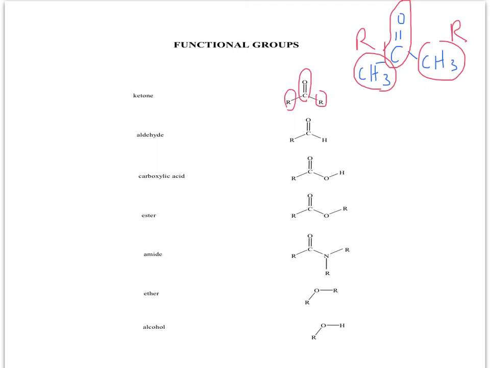So an aldehyde might be something like this, CH3, C double bond O, and then a hydrogen. So how do you know you have an aldehyde? Okay, you got this, and then you have the R group, which happens to be methyl. The R group could be ethyl, propyl, butyl, benzyl, phenyl, cyclopropyl. It doesn't matter, just something with carbon in it.